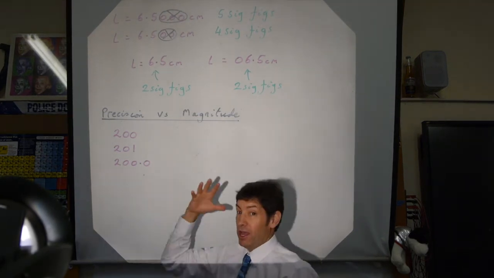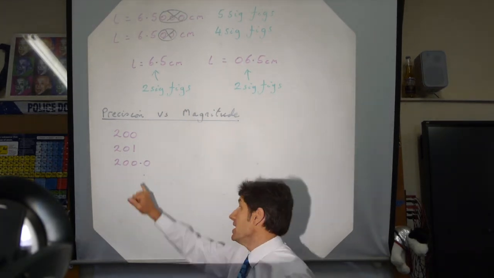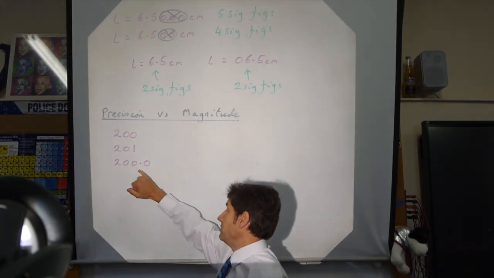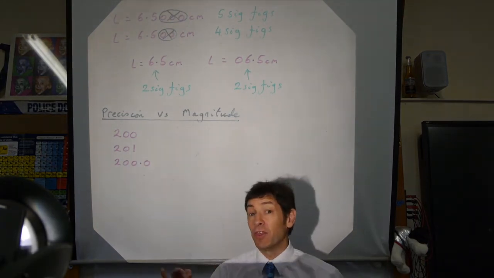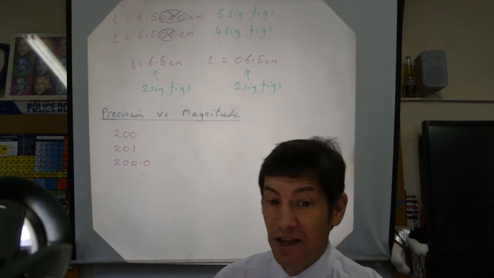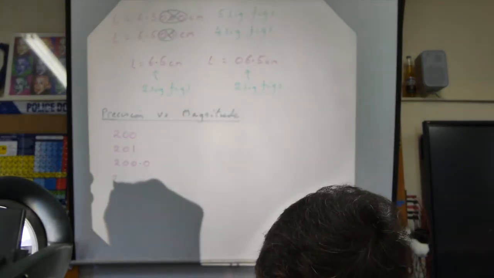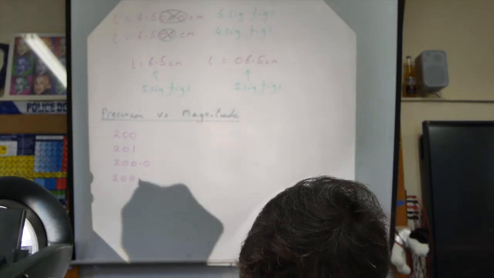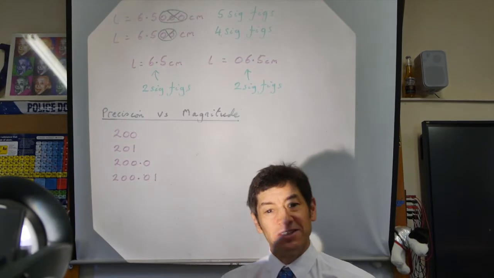Really, I hope you're totally familiar with the fact that that 0 is really important. It tells us that we've not only measured to the nearest 1, but we've measured to the nearest tenth. It's a more precise measurement. And that leads to this. What about 200.01? How many significant figures is that?